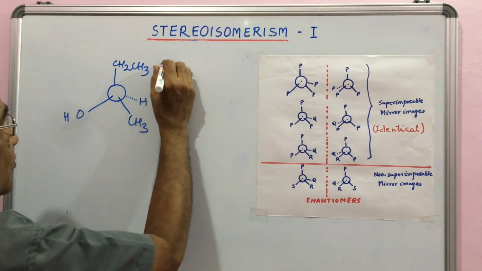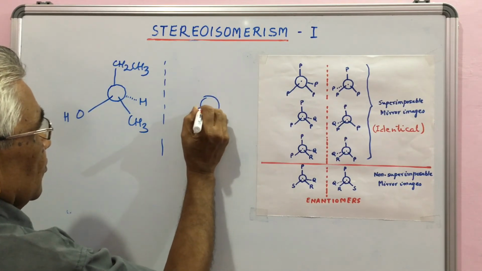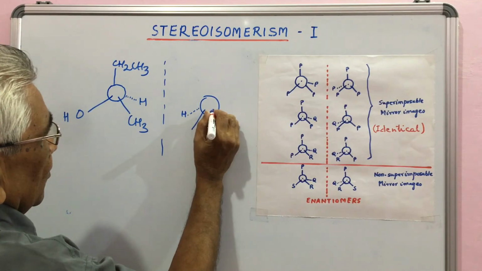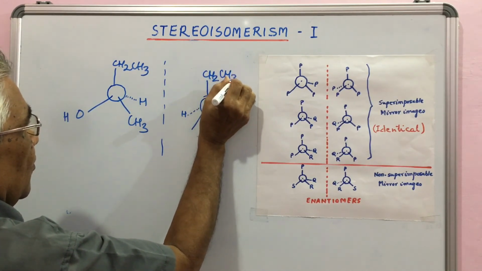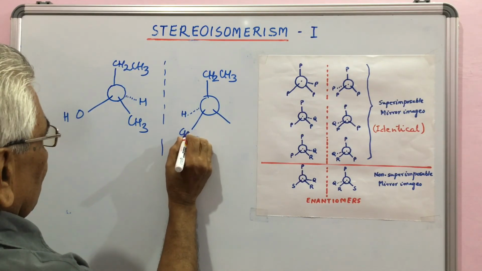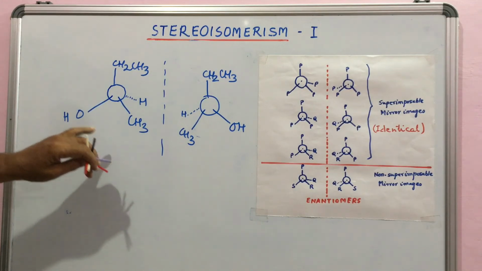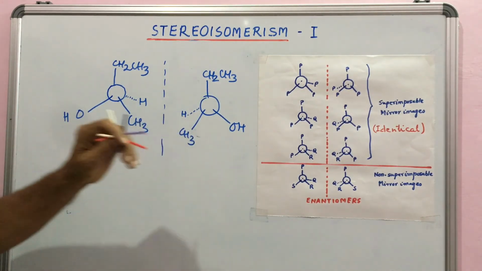This will exist as two isomers. This is the mirror image. One is plus secondary butyl alcohol and the other is minus.